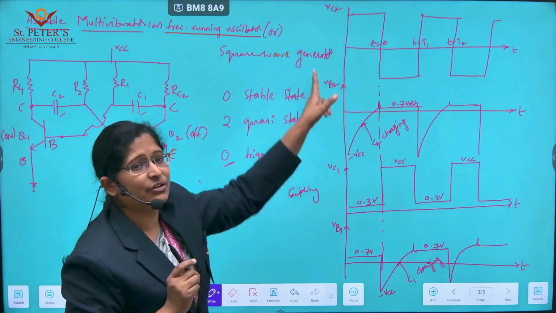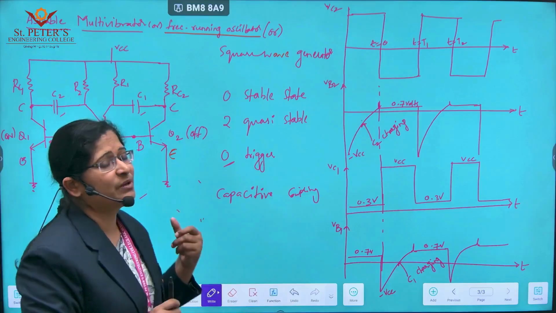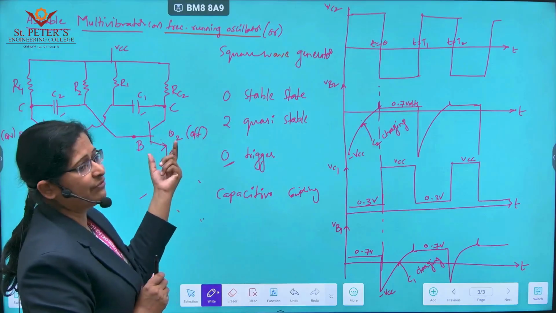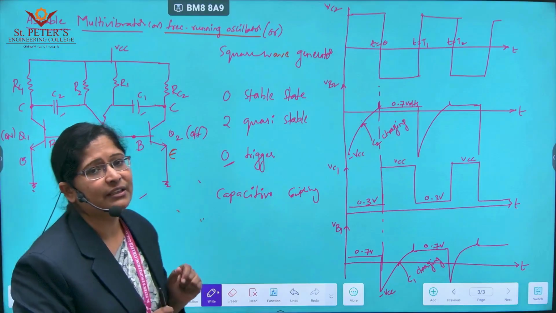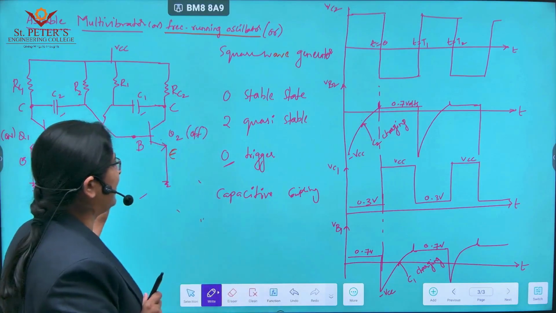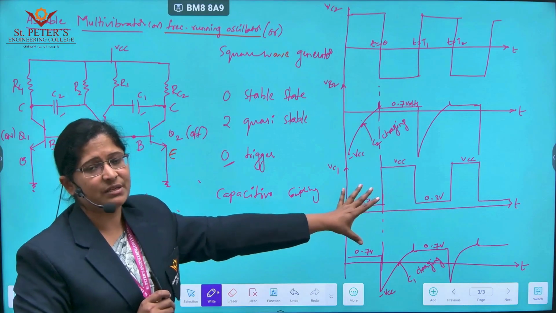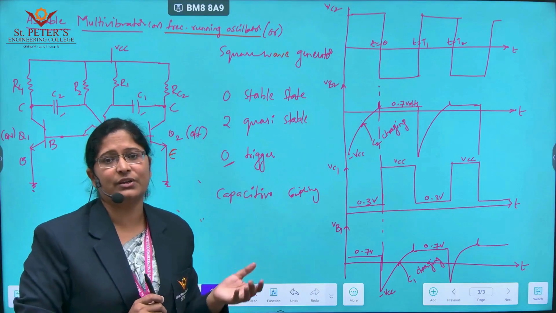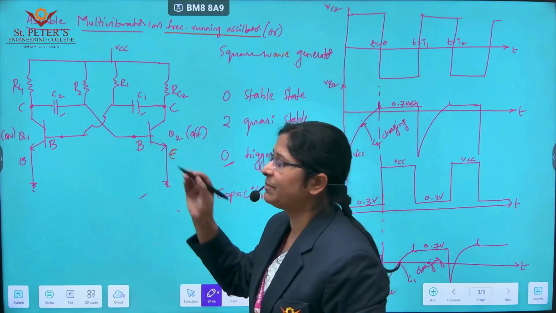So totally we are drawing 4 waveforms to understand the working principle very clearly. The second transistor waveforms are VC2 and VB2, and the first transistor waveforms are VC1 and VB1. This is the circuit diagram and these are the 4 waveforms in order to study how it changes states continuously without applying any external triggering.